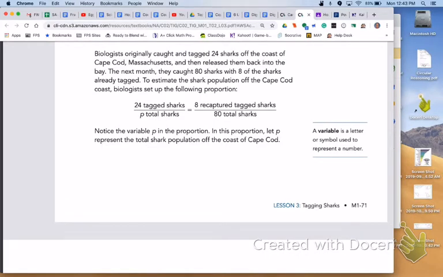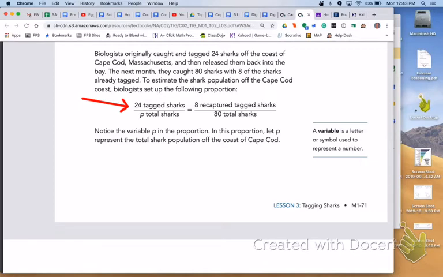Biologists originally caught and tagged 24 sharks off the coast of Cape Cod, Massachusetts, and then released them back into the bay. The next month, they caught 80 sharks, with 8 of the sharks already tagged. To estimate the shark population off the Cape Cod coast, biologists set up the following proportion: 24 tagged sharks to P total sharks is equal to 8 recaptured tagged sharks to 80 total sharks.